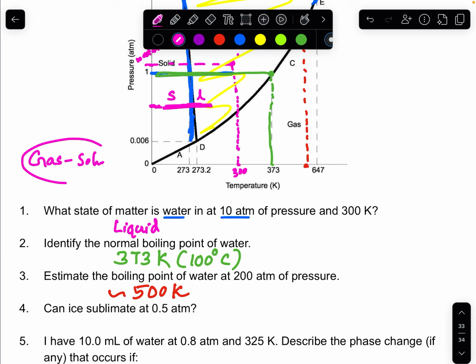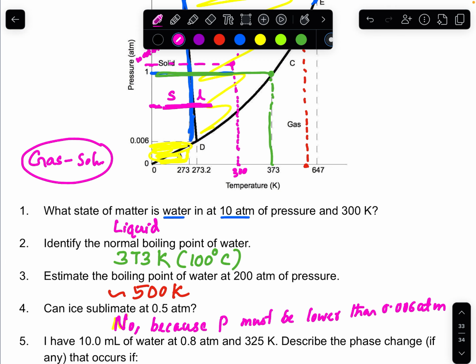So it will not be possible to convert gas into solid, because we need to have this area, which is below 0.06 atm. So go ahead and write that. No, because P must be lower than what?